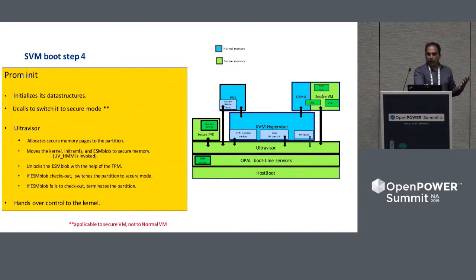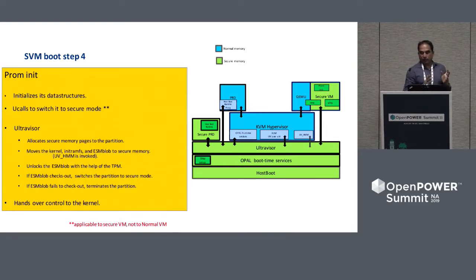So an ultra call is made, and the ultravisor takes the ESM information that is there in the blob that was there in the init RD. It takes that information, validates whether the kernel, all the software that has been loaded in its memory is integrity protected and is the right software that needs to be run.